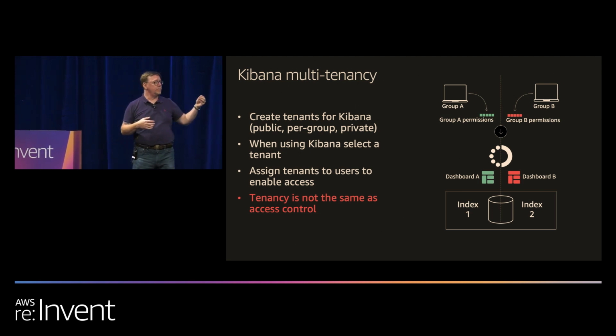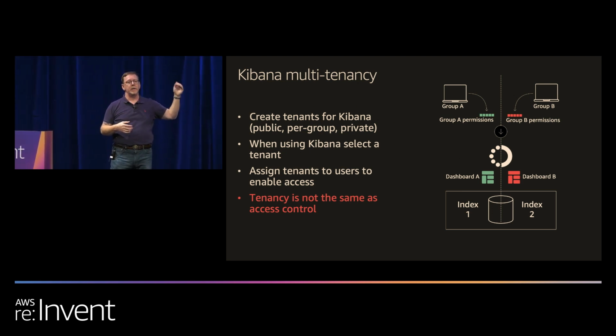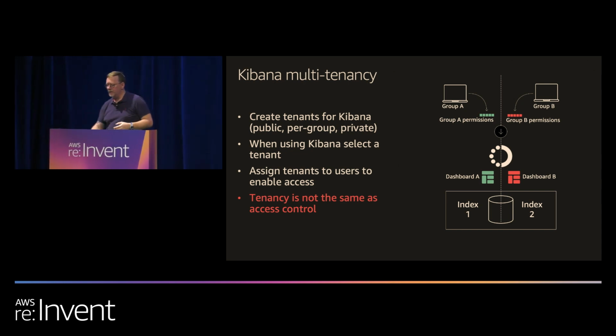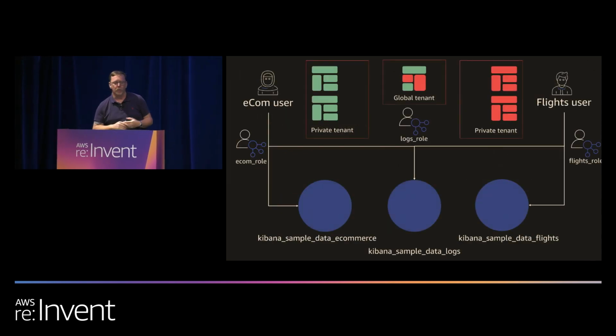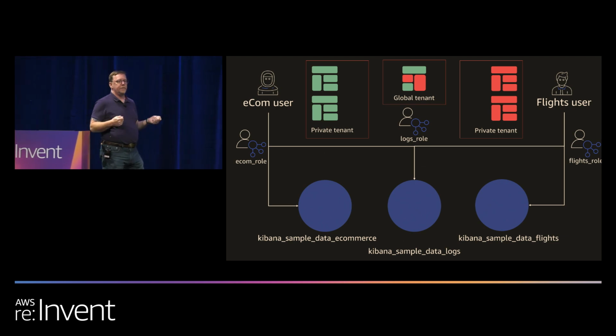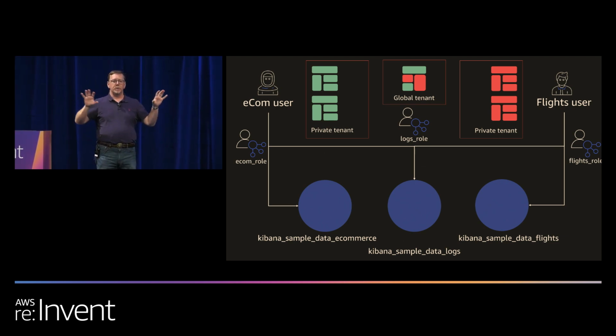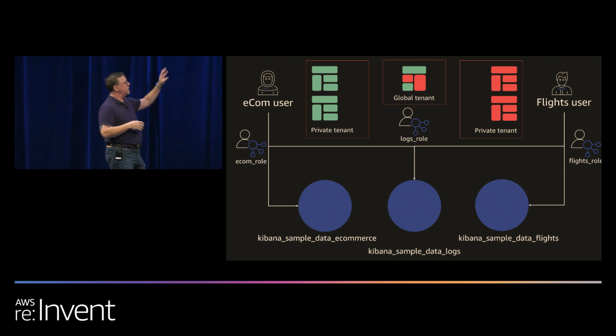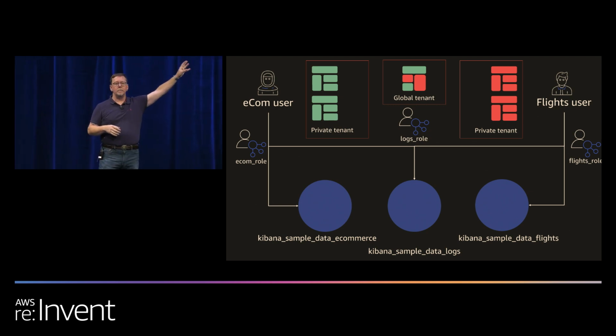And this is provided through Kibana tenants, which are Open Distro Security constructs and apply to users. So we're going to look at how to set up tenancy to support multiple different visualizations that are particular to individual users, and then some that are common across all of the users. The way this is going to work is the ecom user will have an ecom tenant.